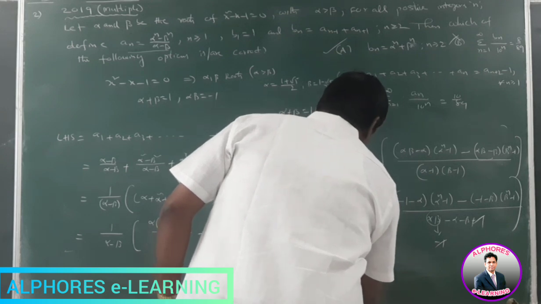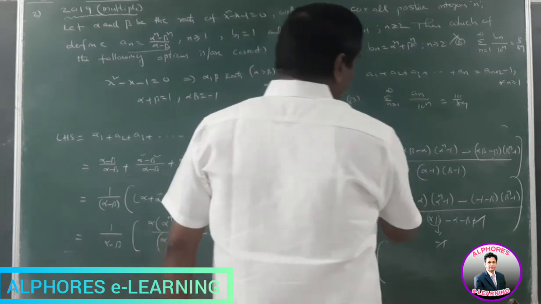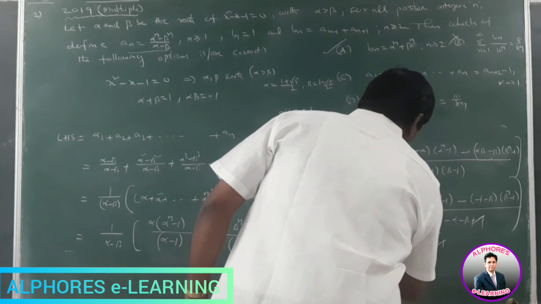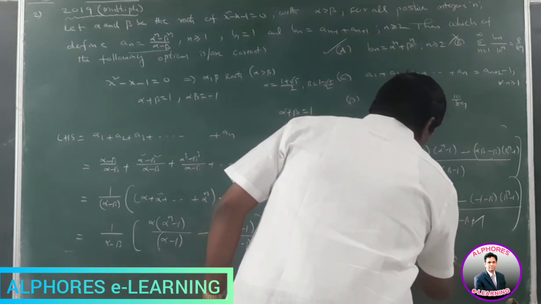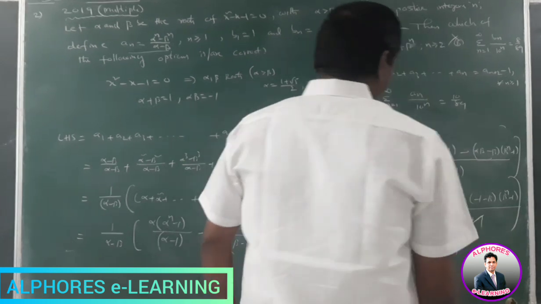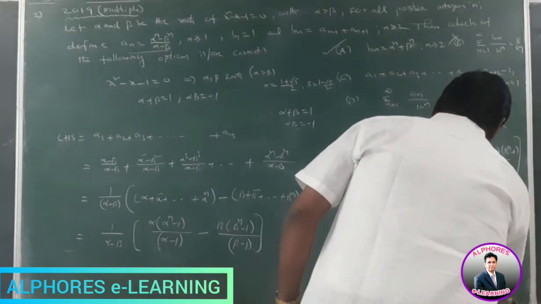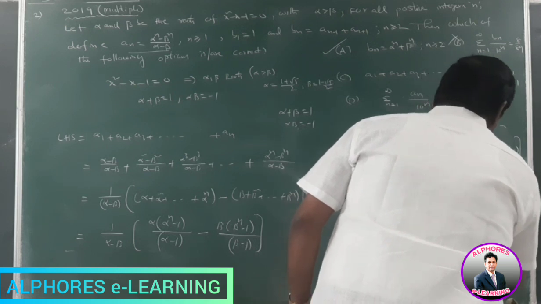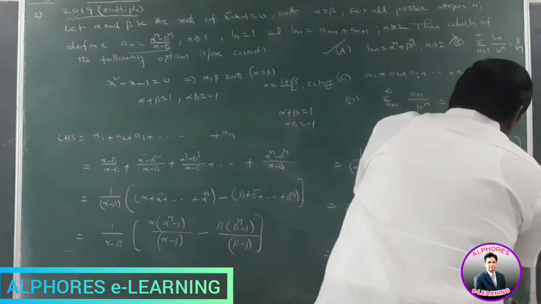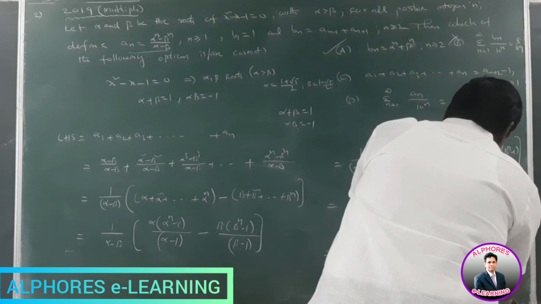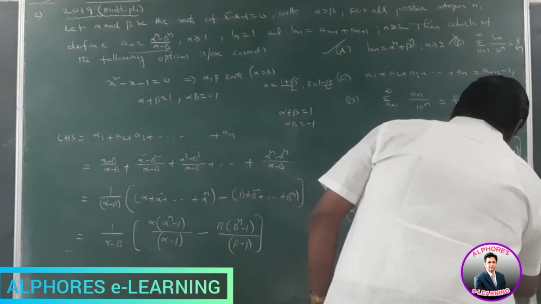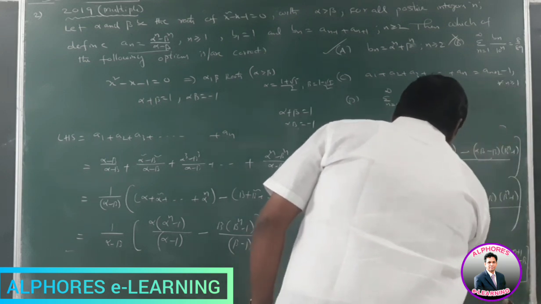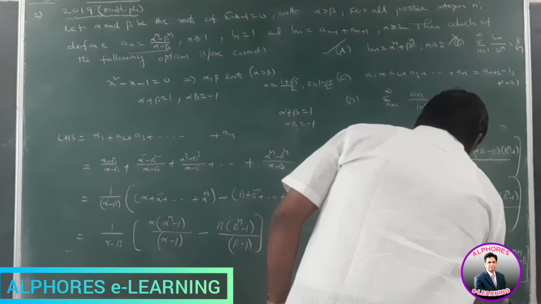1 by alpha minus beta into, after the distributive property, it can be reduced into minus alpha power n. Minus alpha power n plus 1. Next plus alpha power n minus 1 into beta power n, that means minus of minus plus beta power n plus beta power n minus 1 plus beta power n plus 1 minus beta, by the denominator value minus of alpha plus beta.